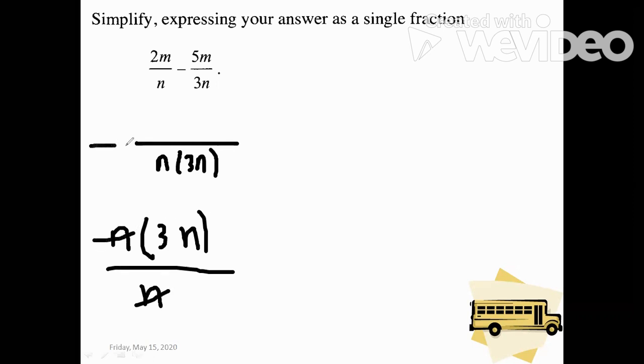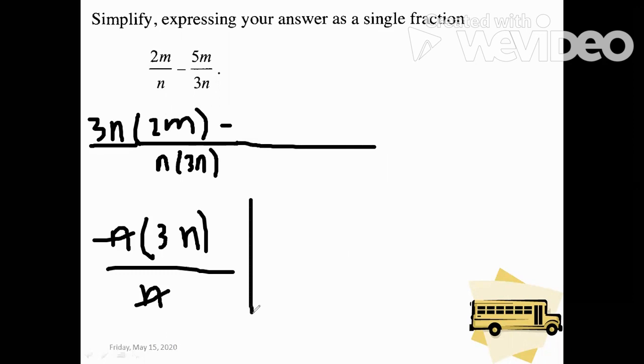And then now you're going to have 3n times the numerator, which is what? 2m. Because that's what we normally do, right? We normally multiply whatever we divide into by the numerator.